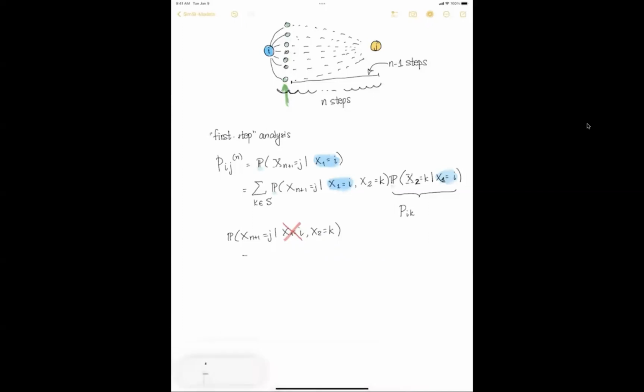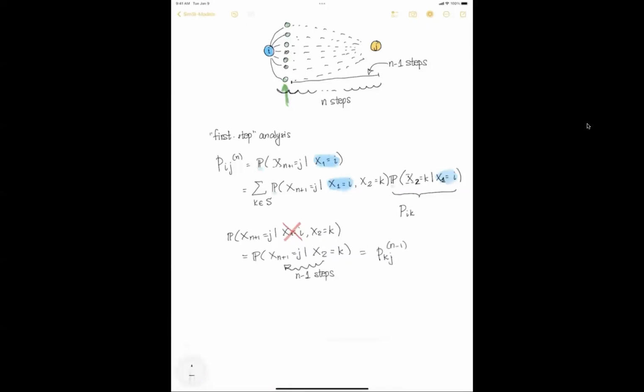So this is exactly the same thing as just conditioning on X_2. So this is X_{n+1} equals j, given X_2 equals k. And now we say, well, going from 2 to n+1 requires n-1 steps. And so this will be equal to P_kj, but now in n-1 steps.